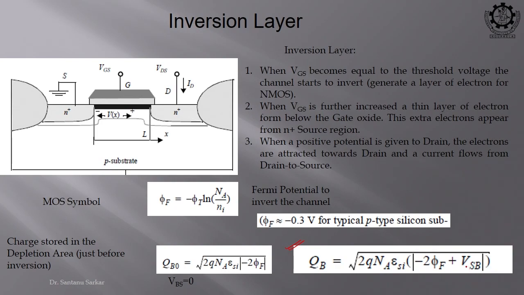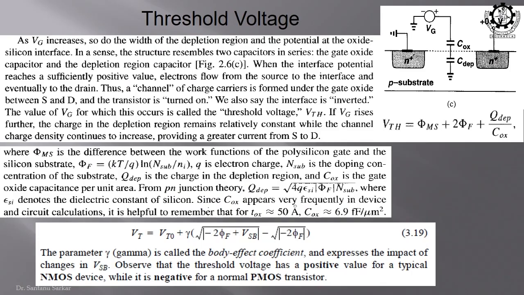For the moment, let us consider that source and bulk are shorted, so VSB is equal to 0. We discussed last day that when a depletion region is formed, this region behaves like a capacitor.